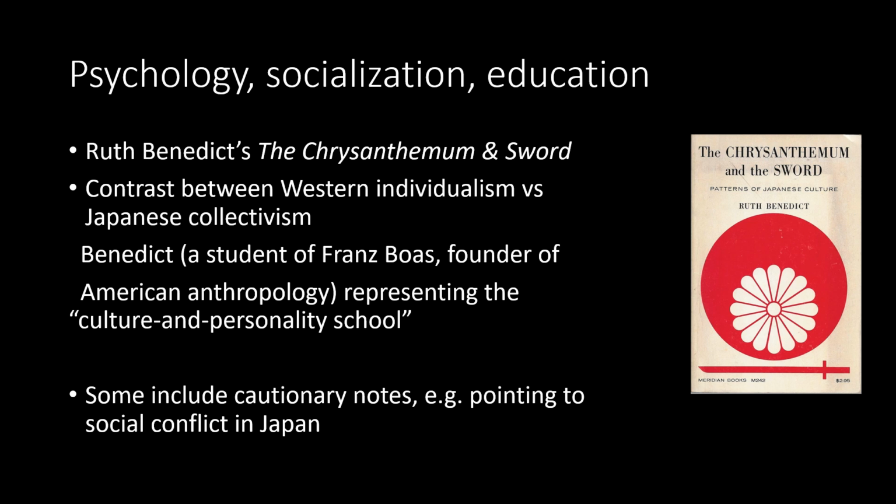Okay? Ruth Benedict is famous for her book The Chrysanthemum and the Sword, and this is seen as a bit of a classic. One of the things that she brings out in this book is trying to look at patterns of Japanese culture and contrasting Japan against the West.